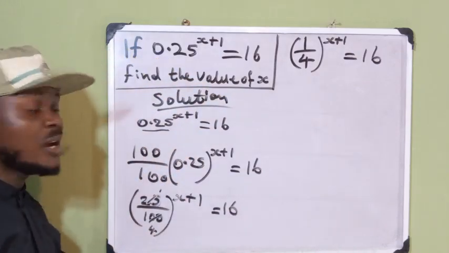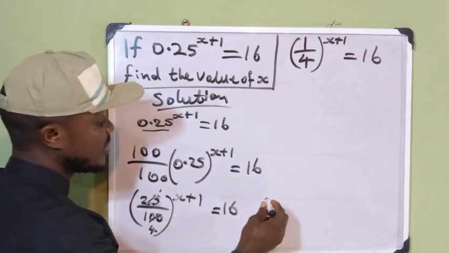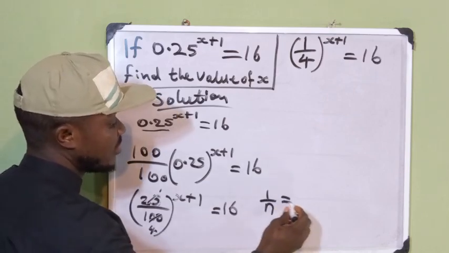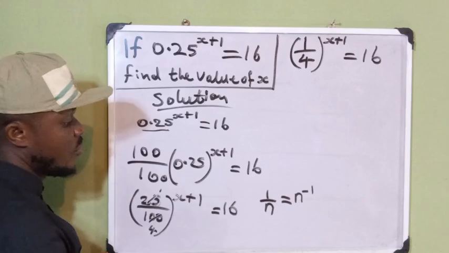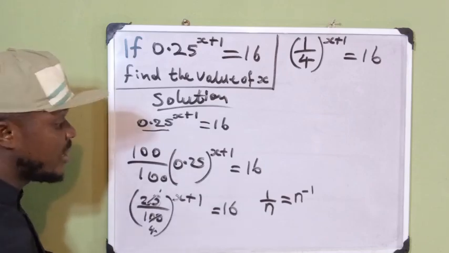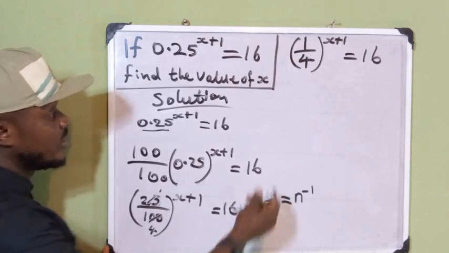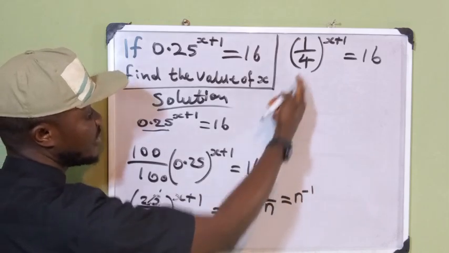At this point, I want us to recall that in the law of indices, 1 all over n is equal to n raised to the power minus 1, where n is any number, positive or negative. Wherever we see n here, we are going to put this 4.